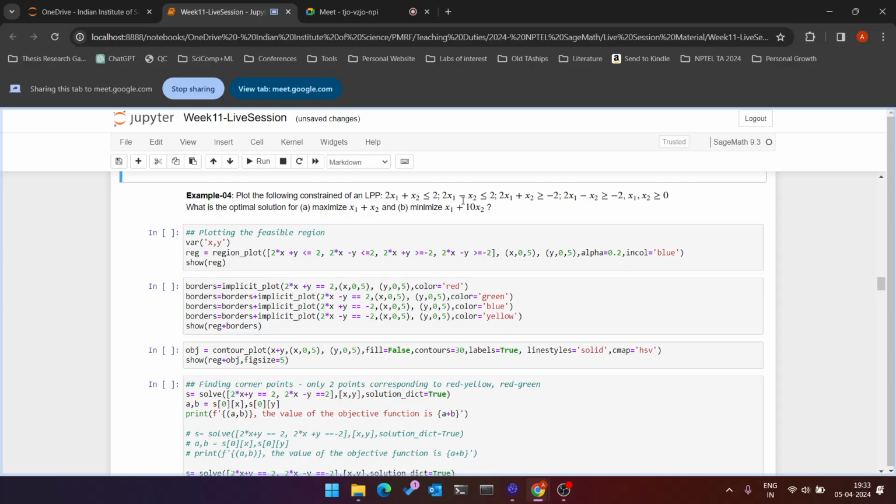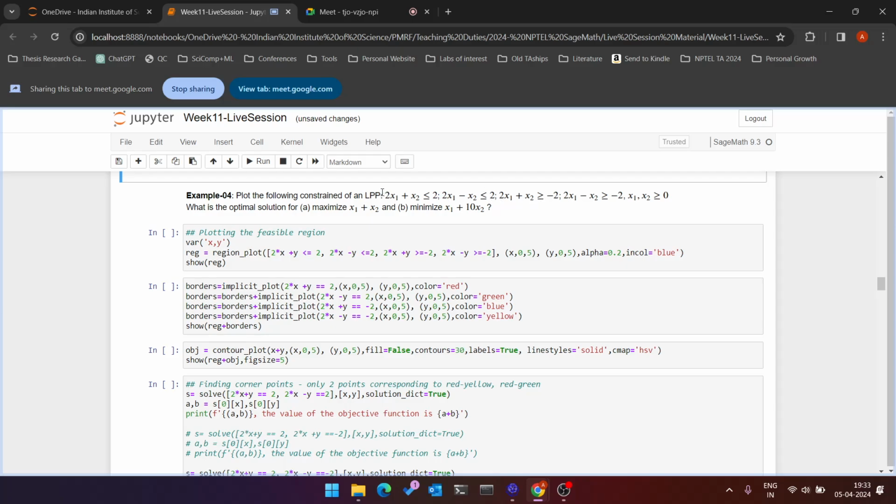We already see from the problem statement that this inequality is sort of redundant, because x1 x2 being positive will make this whole thing greater than 0.